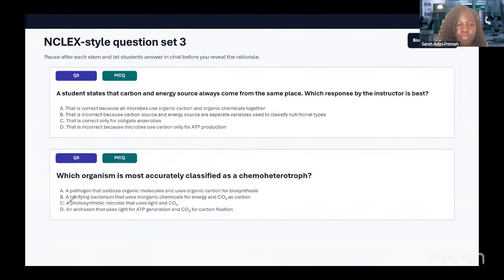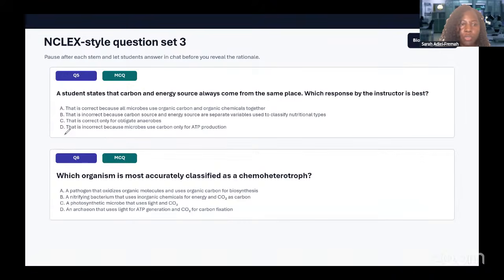You have a nitrifying bacterium. It uses an inorganic chemical, and it has carbon dioxide as its carbon source. These two definitely give it away, because for a heterotroph you should be using an organic carbon source, so this makes it incorrect. You can break the key term down and pick apart which part of the terminology does not suit the description.